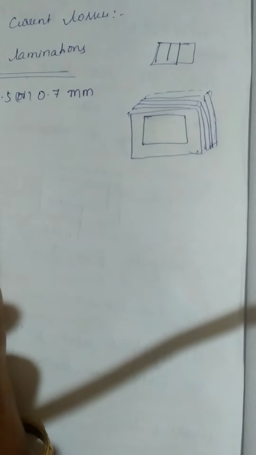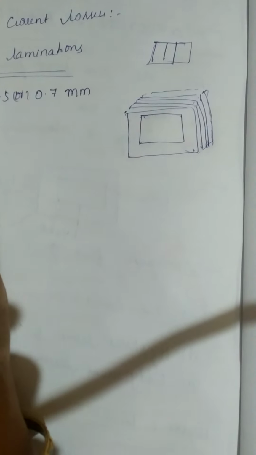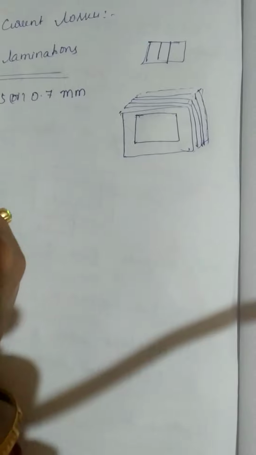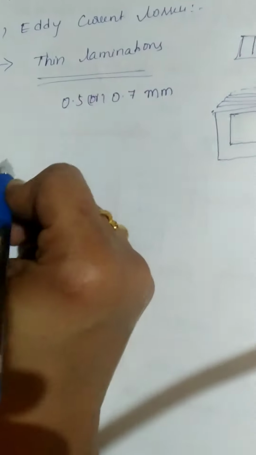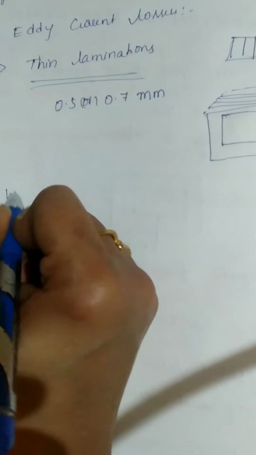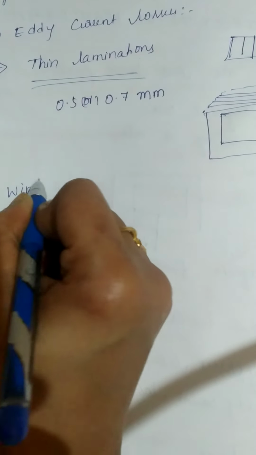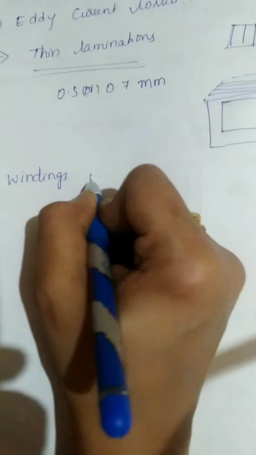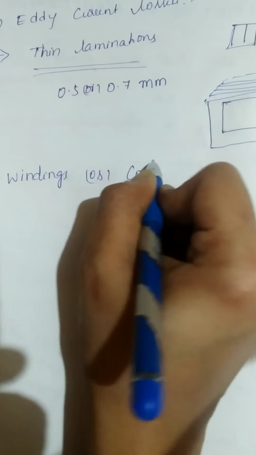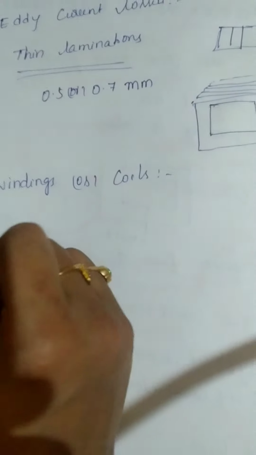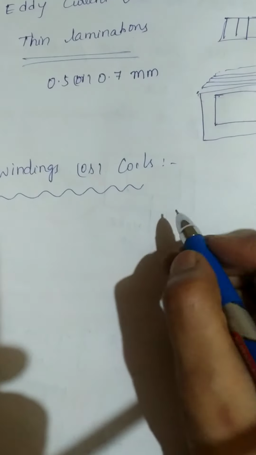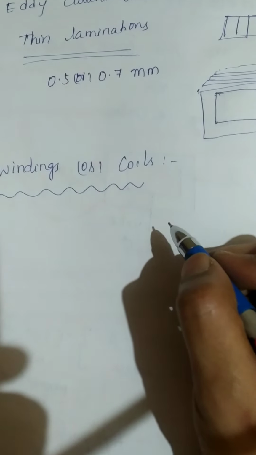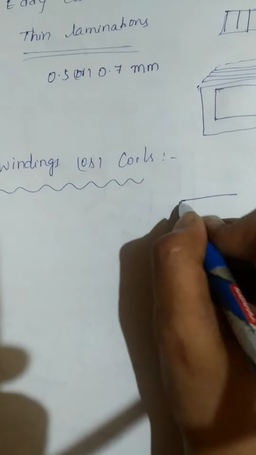Next we go for the part of windings or coils. So what are windings and coils? Windings are wound over the limbs of the core like this.